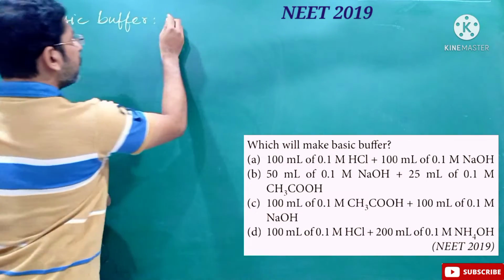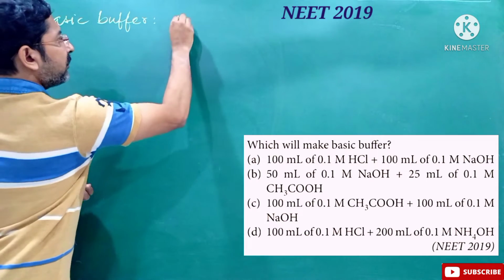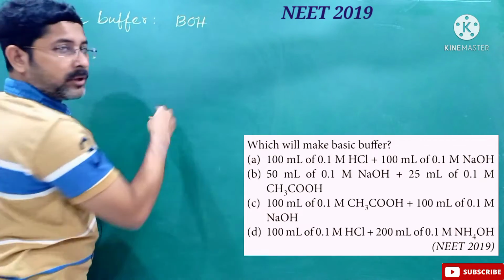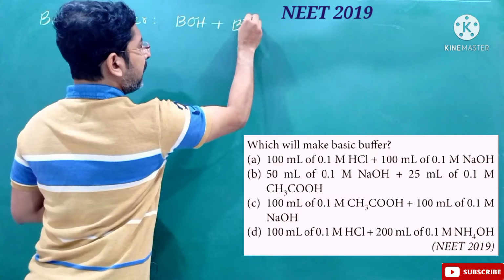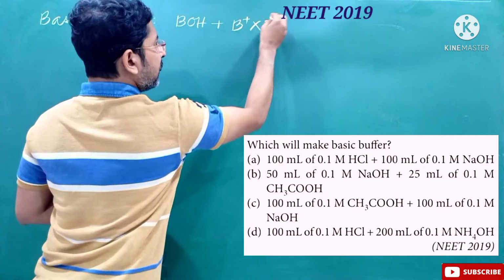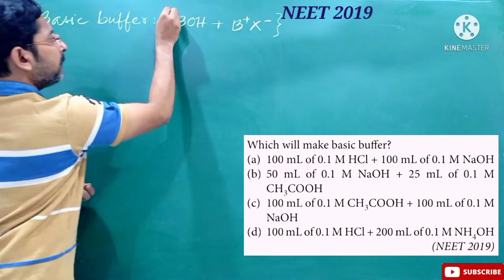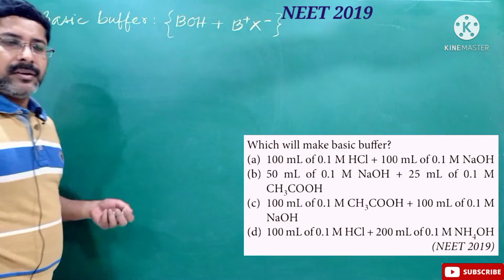Look, a basic buffer is formed by a weak base, say BOH is a weak base, and its salt of a strong acid, say B plus and X minus. So this composition makes the basic buffer, right?